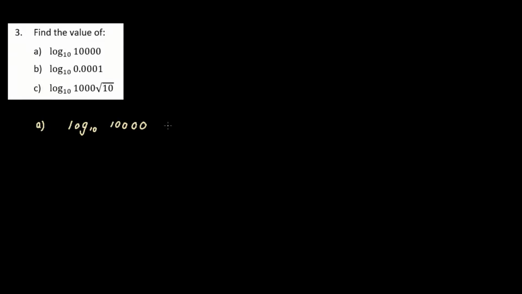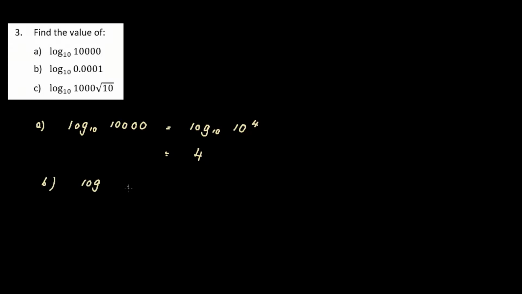So how can you write it in a way that is easier for the readers to understand? How can you change this into a power with a base of 10? So this one you need 10 to the power of 4, right? So you know that log 10 of 10 to the power x will give you x. So that's why 4. Okay, so same thing.